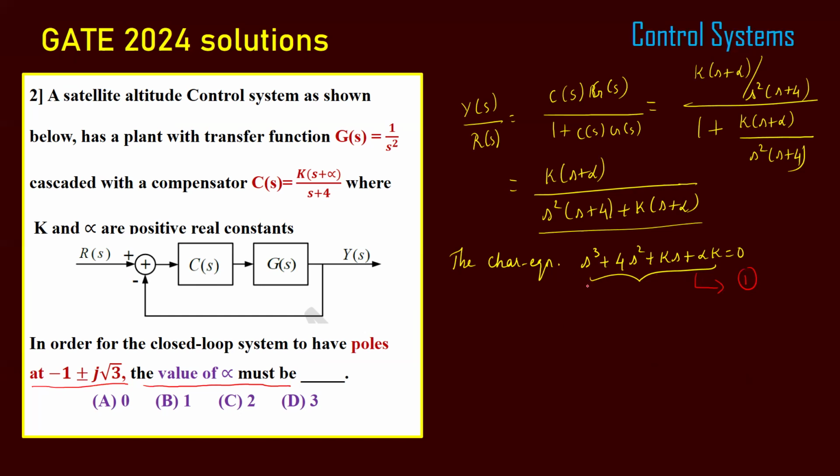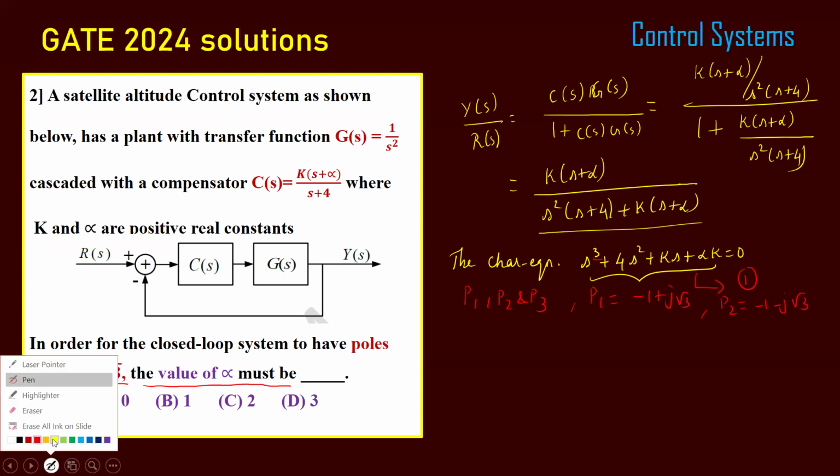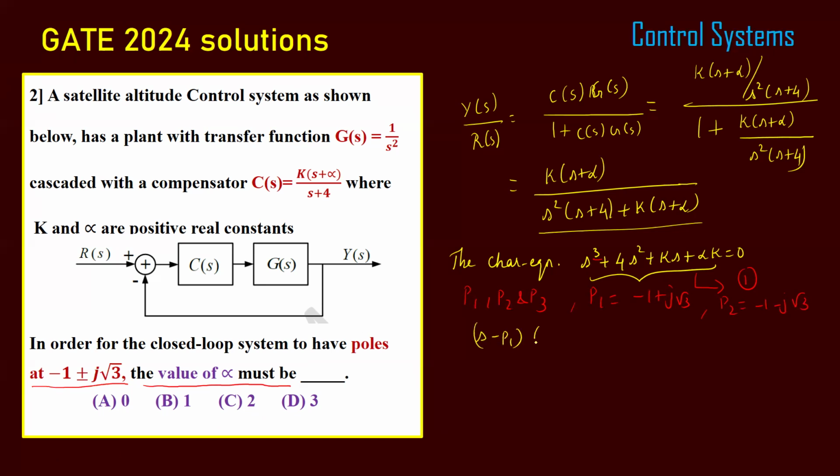Now the characteristic equation can be expressed as factors. Since this is a third degree polynomial, we will have three poles: P1, P2, and P3. Let me take the given poles as P1 and P2: P1 as -1 plus j root 3 and P2 as -1 minus j root 3. Now I write the characteristic equation as (s minus P1)(s minus P2)(s minus P3).